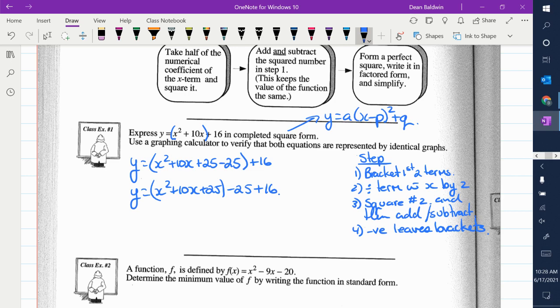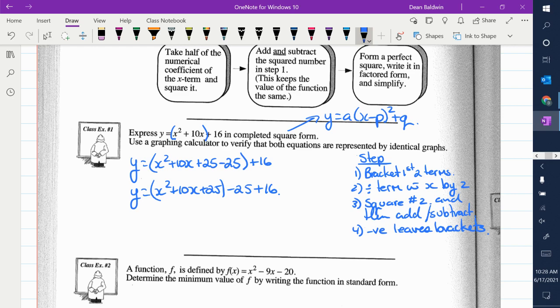That. Final step. Simplify, so collect like terms of the 25 and the 16, and factor the brackets.